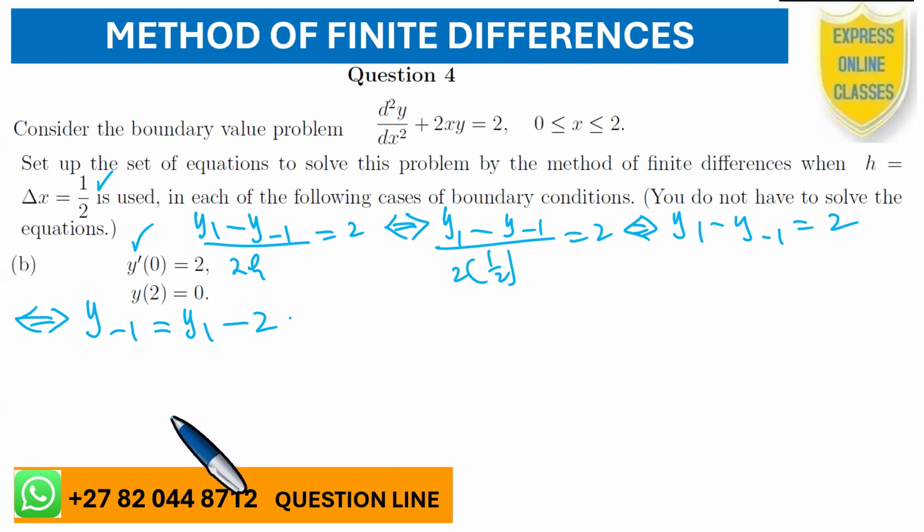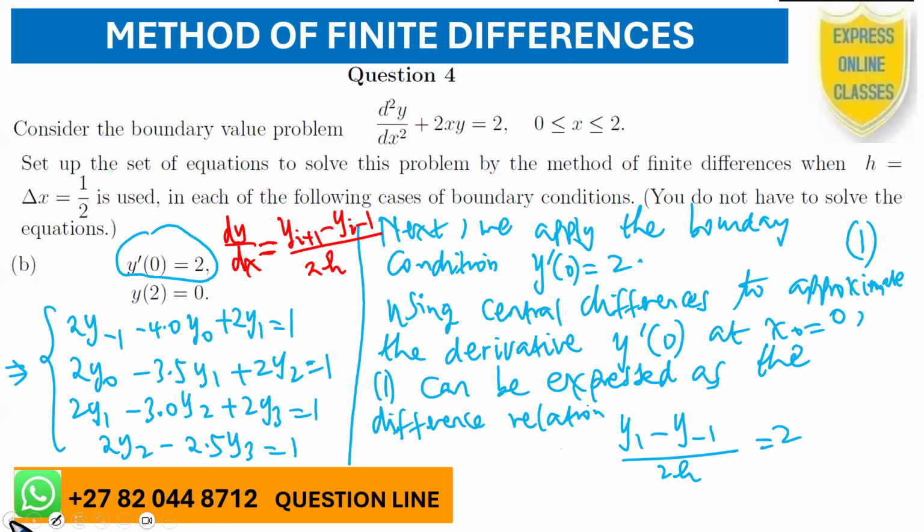And now that we have that particular equation, let us call it double star.